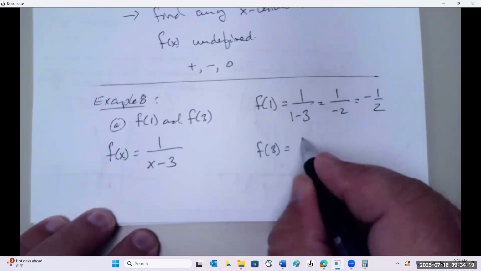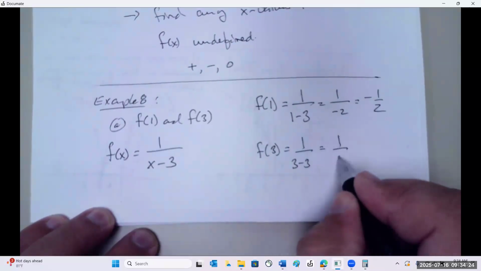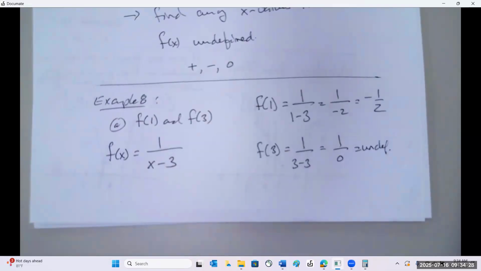F of 3 is 1 over 3 minus 3, which is 1 over 0, which is undefined. You cannot divide by 0.